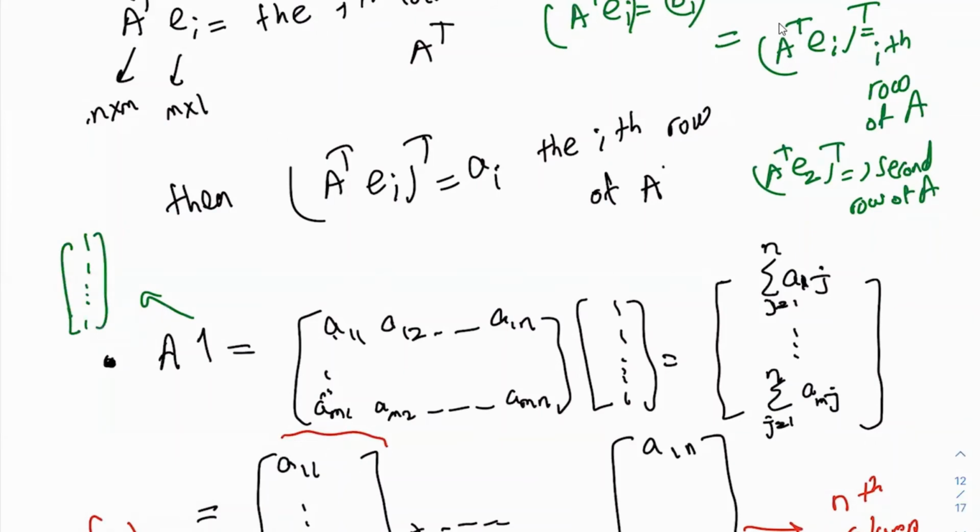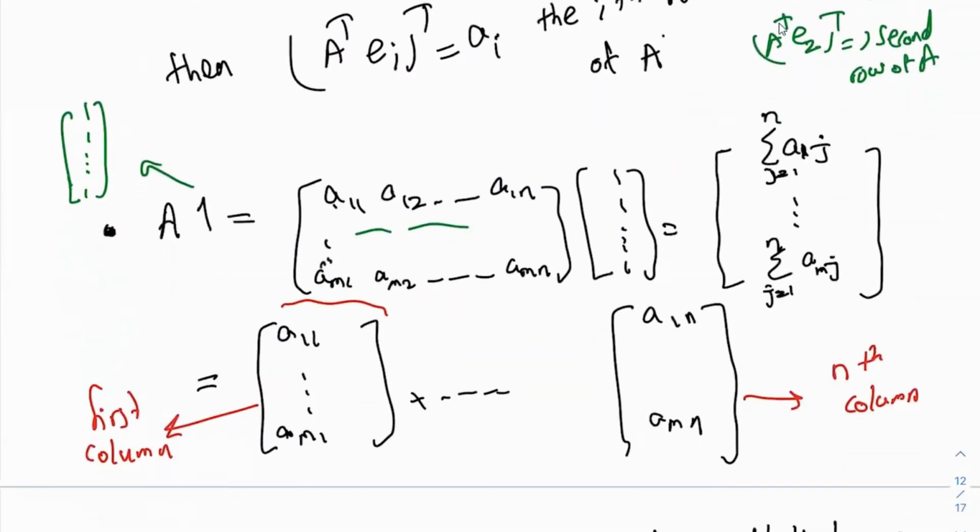If you write A as it is and multiply by the vector 1, the first row times the vector 1 is going to be a_11 plus a_12 all the way to a_1n, so the sum of the elements of the first row, all the way to the sum of the elements of the mth row. So if you want the sum of the elements of each row, all you need to do is multiply the matrix by the one vector.